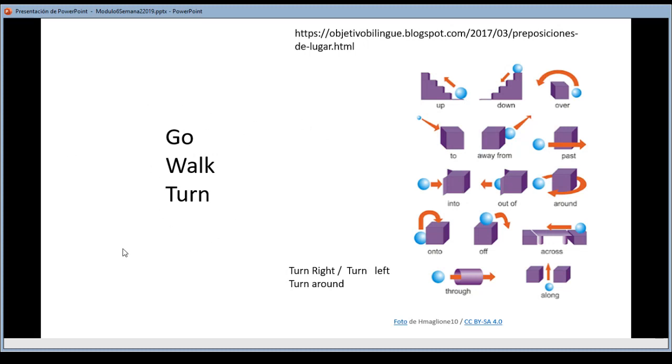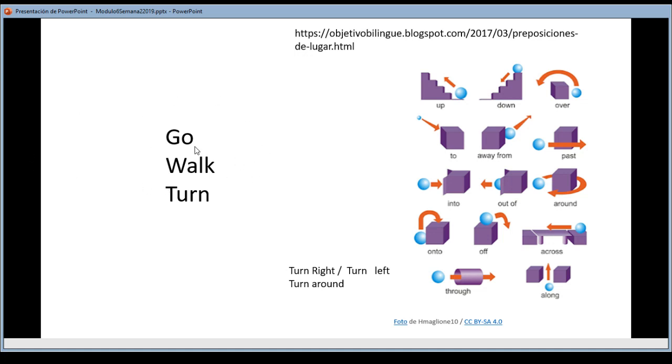then what I need is to identify the prepositions of direction. In this case, they are here, but the important thing here is that you need to know that these prepositions need another word. In this case, a verb. We usually use go or walk when we refer or when we explain how to get to a place.